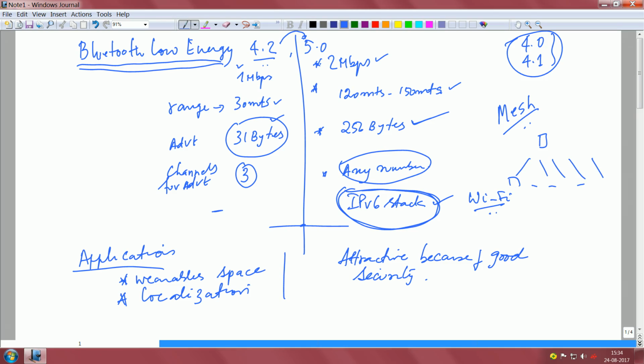This concept of master-slave is now out when you talk about 4.2 and above. You can do one to many, many to many, point to point, point to multi-point, multi-point to multi-point, which means a fully connected mesh network is possible with both 4.2 and 5.0, making it very attractive. Perhaps the one big advantage that Zigbee had was that you could do mesh with it, and that is now something BLE can do.